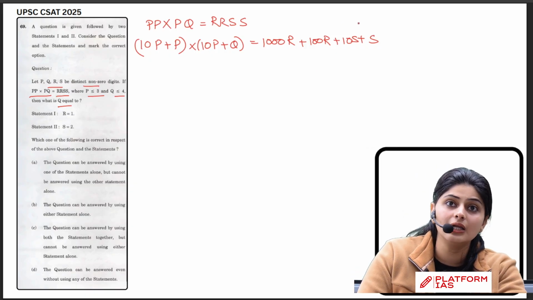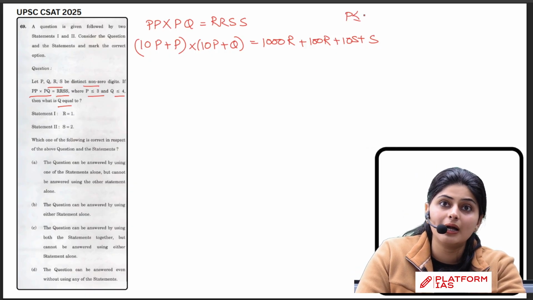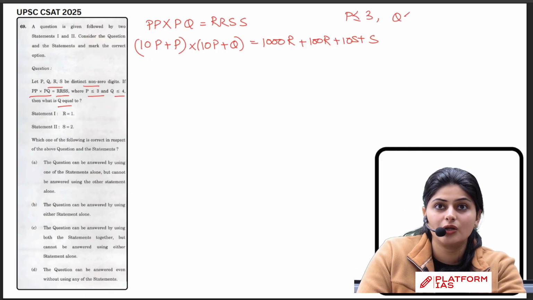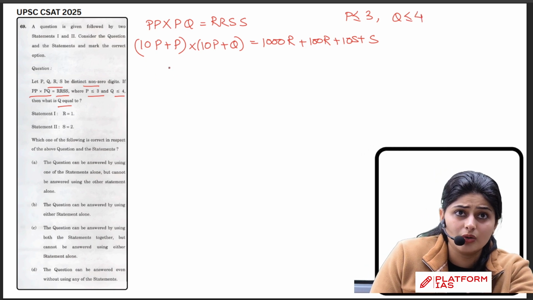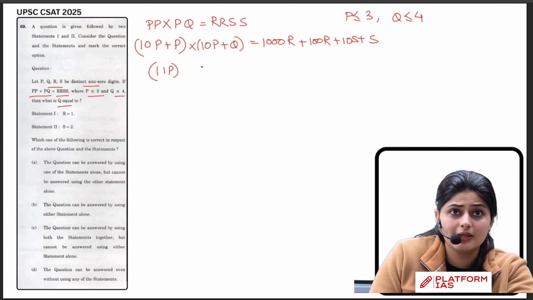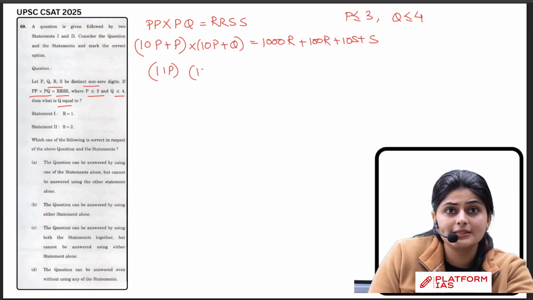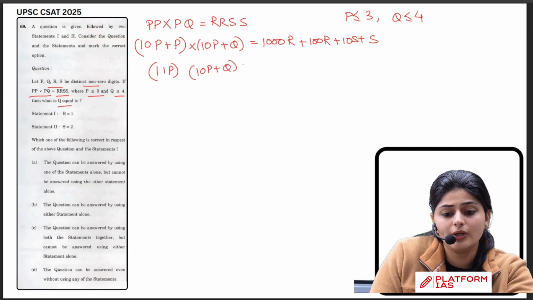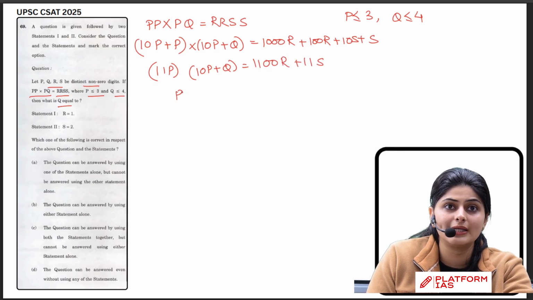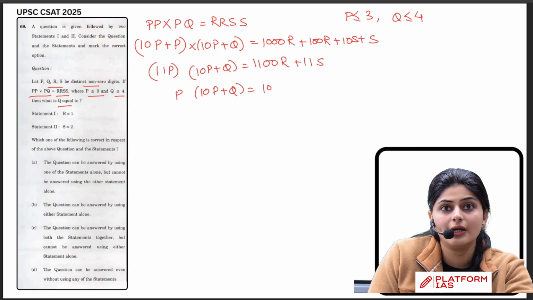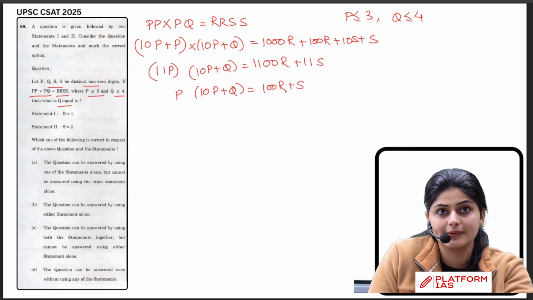This we have done in our lower grades, but the usage of this you can see in your UPSC exams. So it will be 11P multiplied by (10P plus Q) equal to 11 times (100R plus S). Now further solving, we'll get P times (10P plus Q) equals 100R plus S.